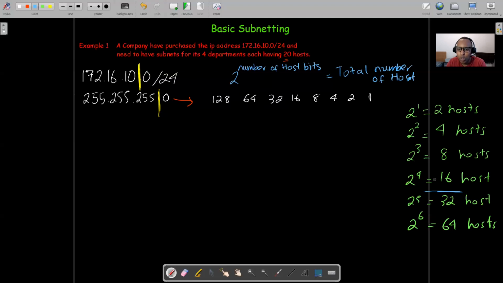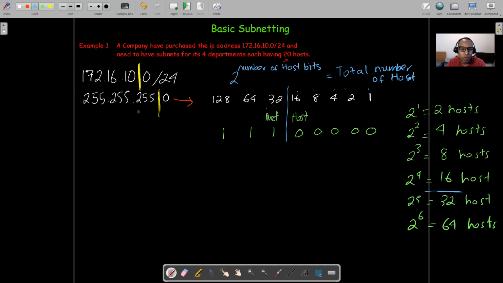That would be 1, 2, 3, 4, 5. The dividing line between the network portion and host portion would occur here. This would be the network portion, and this would be the host portion. As we said earlier, the network portion would have their bits on, and the host portion would have their bits off.